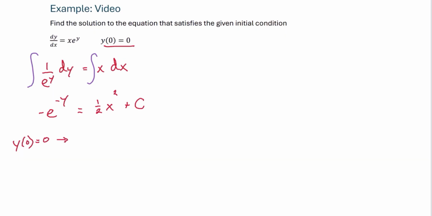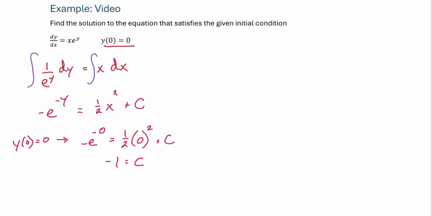We'll plug those values into the equation we just found. Negative e raised to the negative 0 equals 1/2 0 squared plus c. This means that c is equal to negative e to the 0, which will be negative 1.